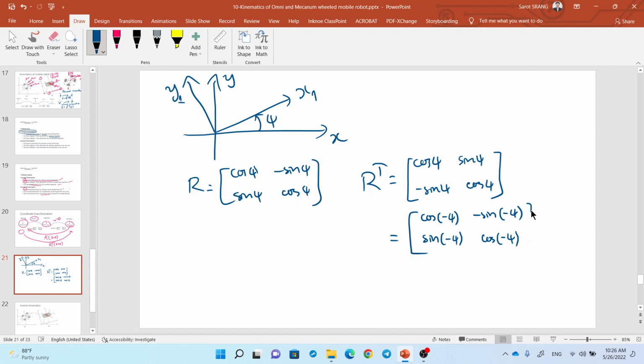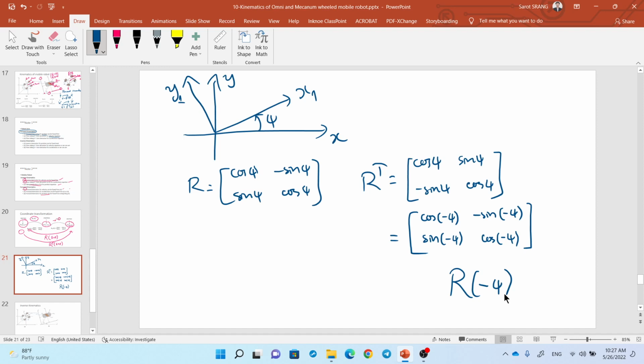Anyone? This and this are the same. Cosine of minus psi is equal to cosine psi, and sine of minus psi is minus sine psi, but the minus becomes plus, right? So this one is just the rotation matrix of minus psi, right?